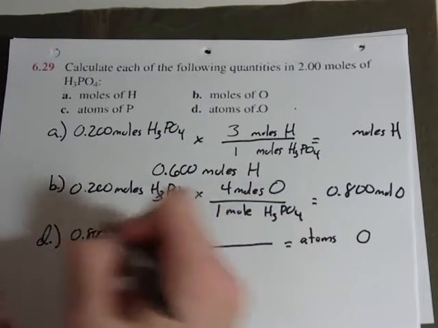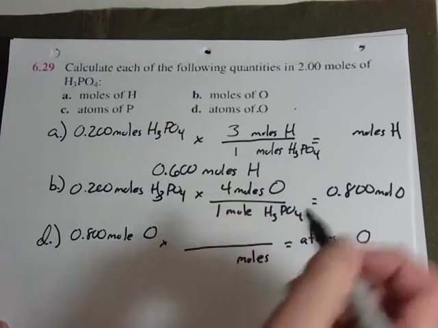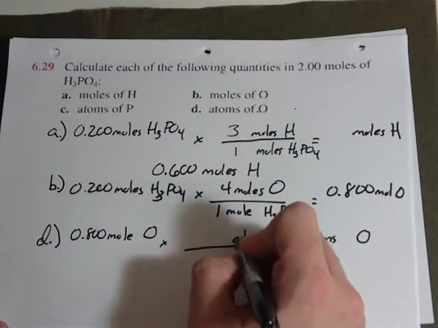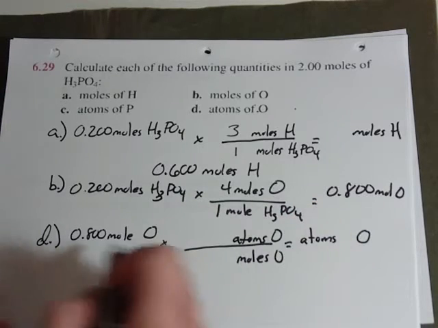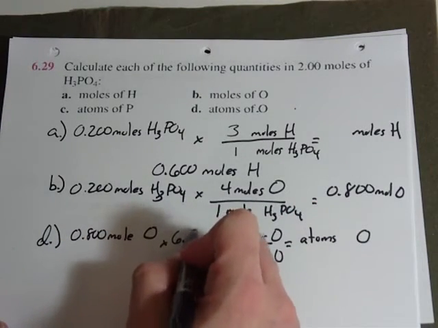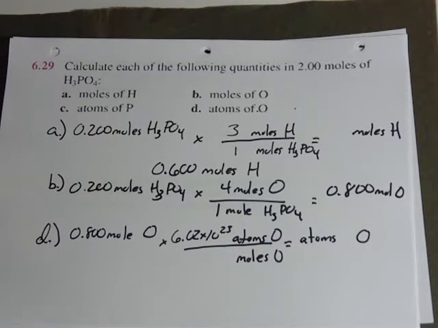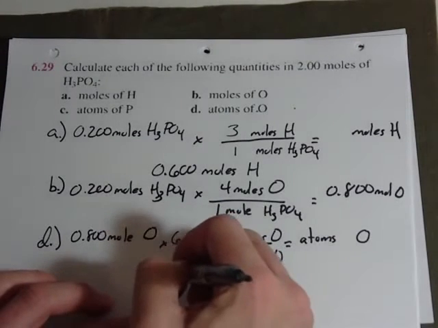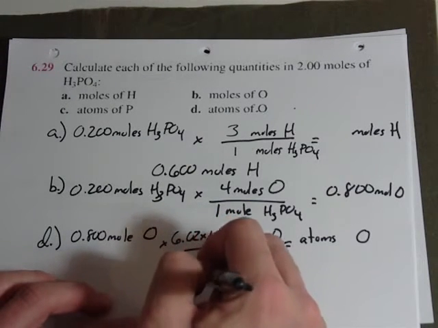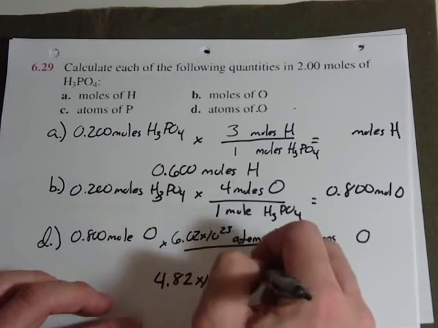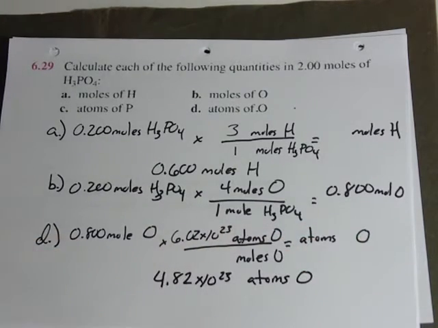So we want our moles of oxygen to cancel out, and we want atoms as our answer. And so we said before it's 6.02 times 10 to the 23rd atoms per mole. And so then we calculate it out. 6.02 times 0.8, and we get 4.82 times 10 to the 23rd atoms of oxygen.